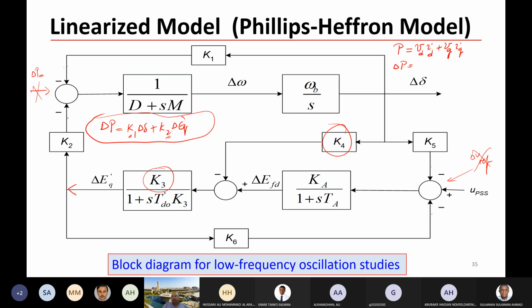Of course, you can replace Vd by Vd plus delta Vd, Id by Id plus delta Id, and then you can proceed.